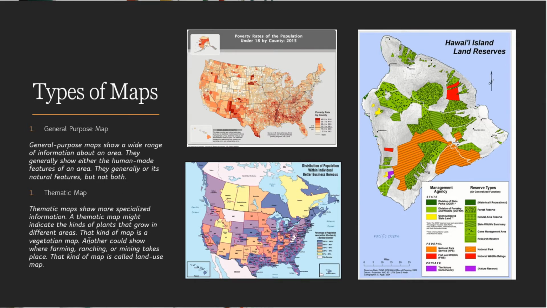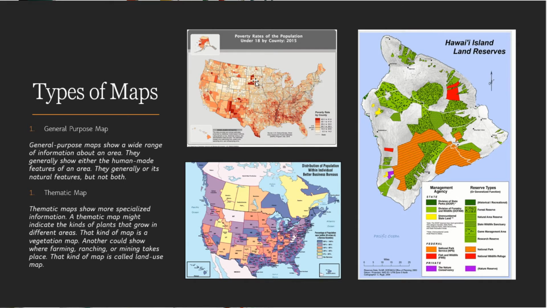However, the thematic map, thematic in simple words means a theme or any one concern or subject matter, okay. So this type of map represents a particular theme. We cannot represent two themes on the same map.